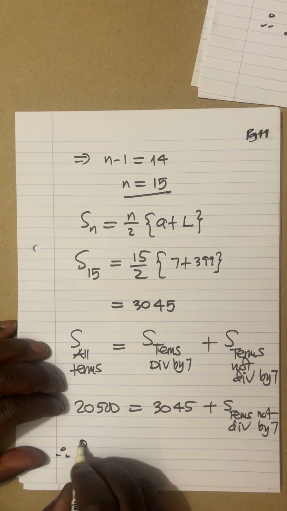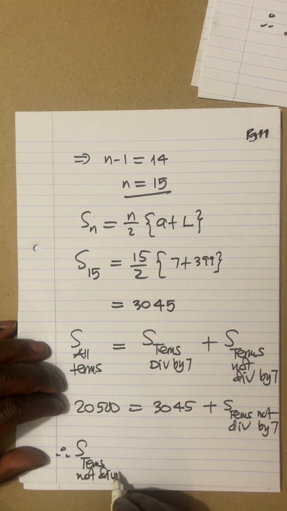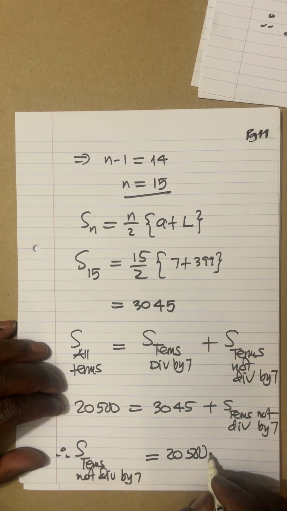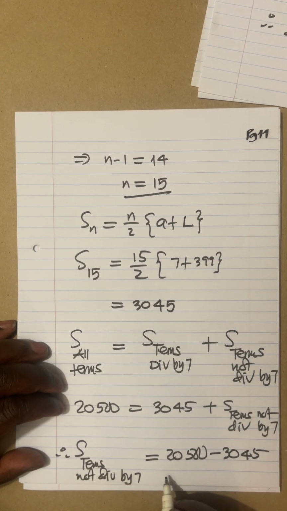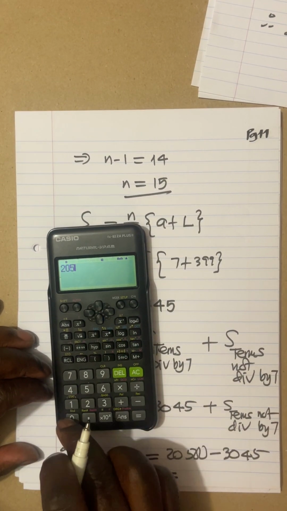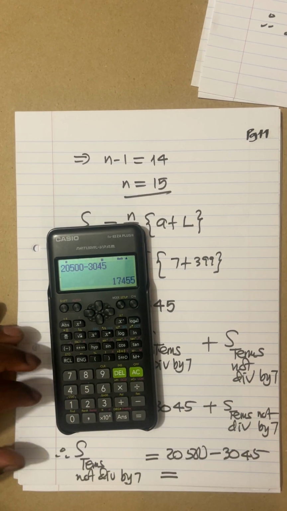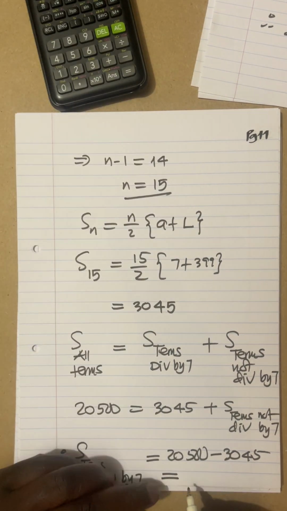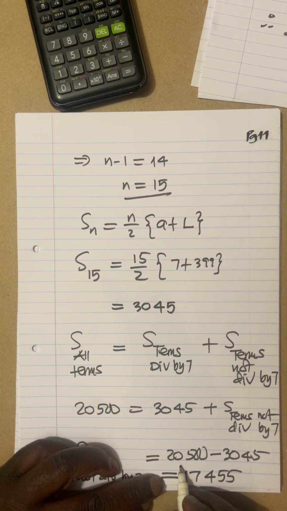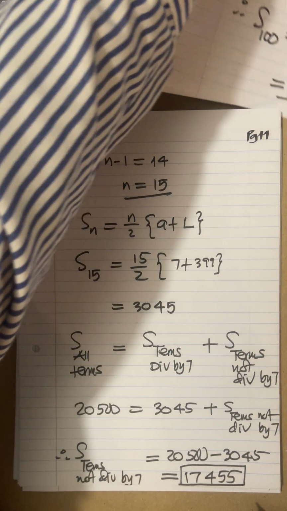So therefore, the sum of terms not divisible by 7 will be equal to 20,500 minus 3045. What is our final solution? My calculator says 17,455. So this is the answer of the sum of all terms that are not divisible by 7.